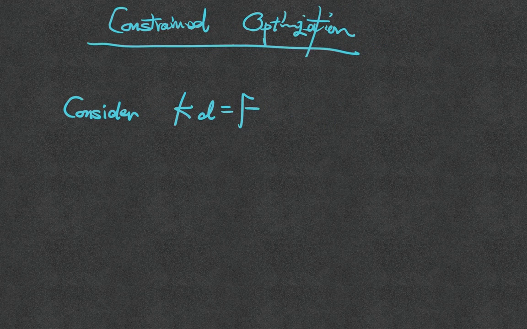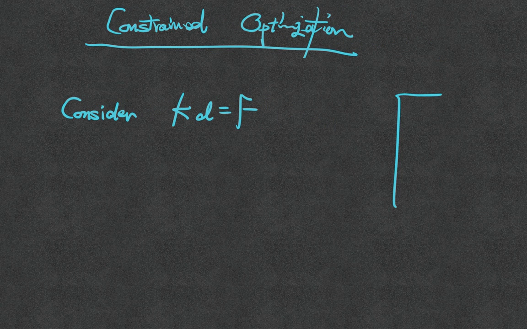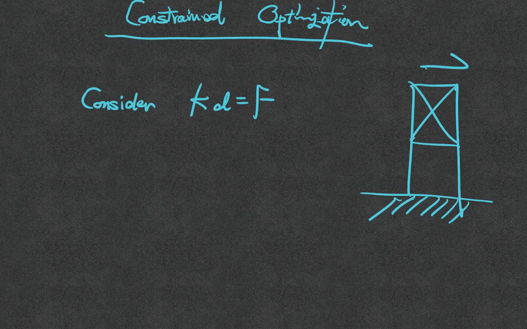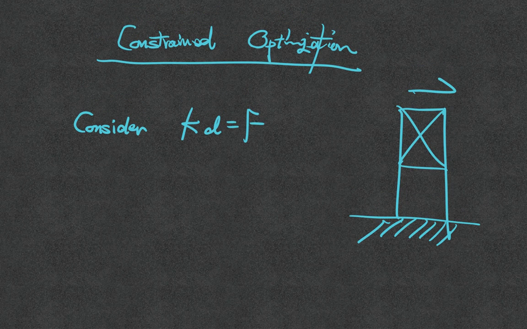Now, consider a system that looks like this, just to give a picture. I'm putting the material, and this end is fixed. Is it easy to understand? I put 6 degrees of freedom here, and I build some truss.